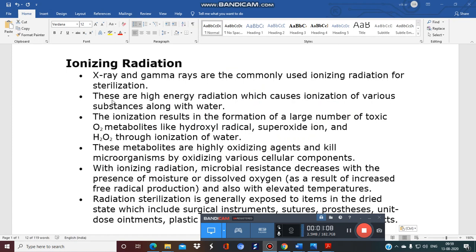These are high energy radiations which cause ionization of various substances, along with water also, and that ionization results in the formation of a large number of toxic oxygen metabolites like hydroxyl radical, or you can say superoxide ion, and even H2O2 through the ionization of water. And these metabolites are highly oxidizing agents and have the ability to kill microorganisms.